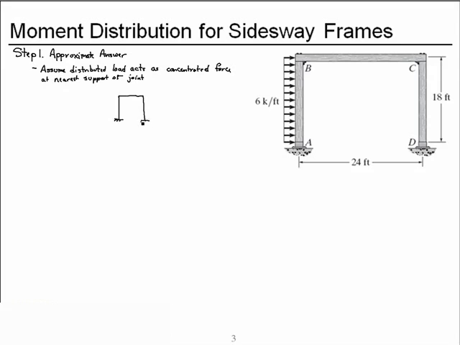Which means our situation will look like this, where the point force is the 6 kips per foot times half the height, which is 54 kips. And so at the bottom it would be 6 kips per foot times 9 feet, 54 kips. But that goes straight into the foundation.